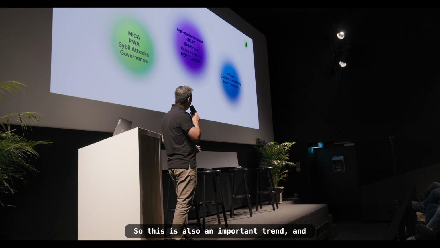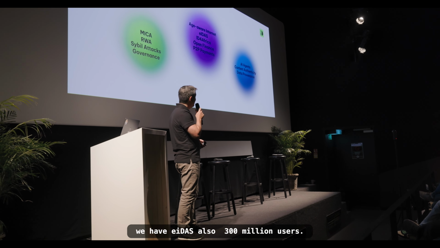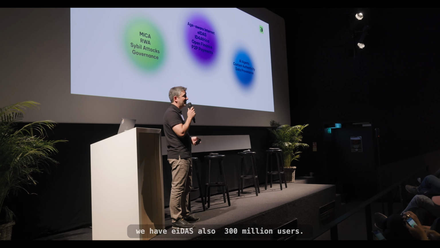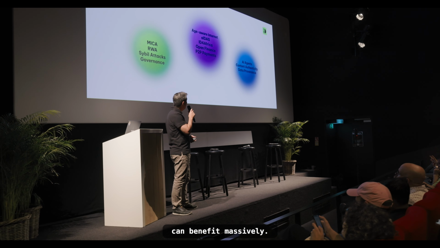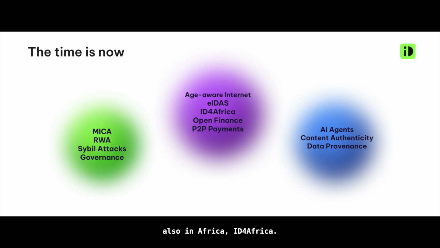So this is also an important trend, and you will have eIDAS, also 300 million users with a digital wallet with identity. So this is something we can benefit from massively. And there are initiatives also in Africa, ID for Africa, and you will see traditional payments and open finance systems benefiting from all these users.